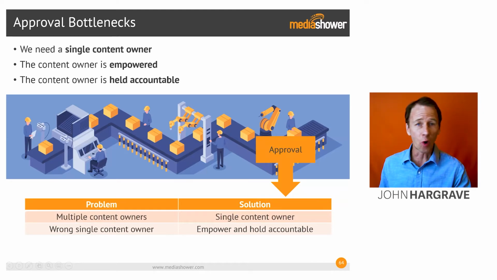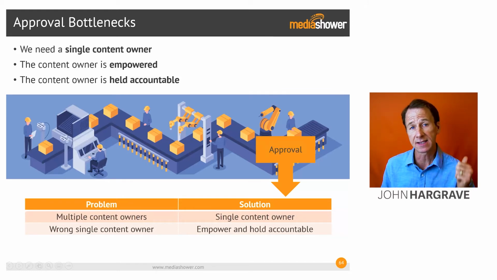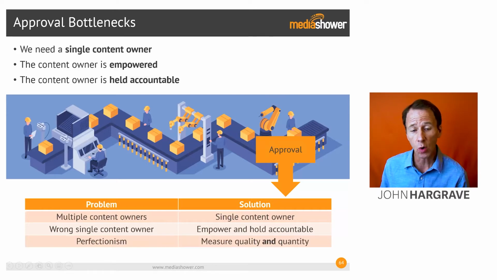Sometimes we identify the wrong content owner. It's either somebody that can't do the job, or maybe they're too busy, or maybe they just aren't good at the job. And that's why we need to both empower them, but also hold them accountable. So we need to be seeing how much content actually gets through and the quality of that content, the quality and the quantity.